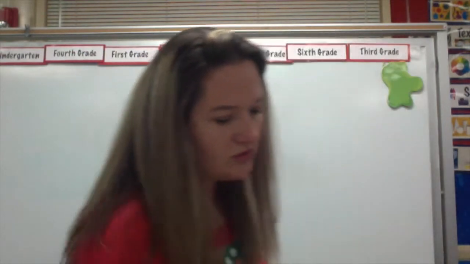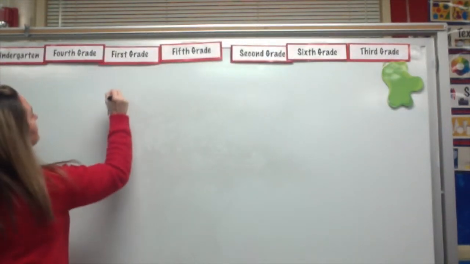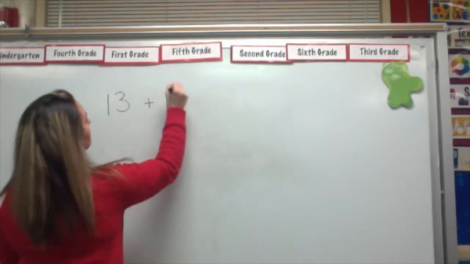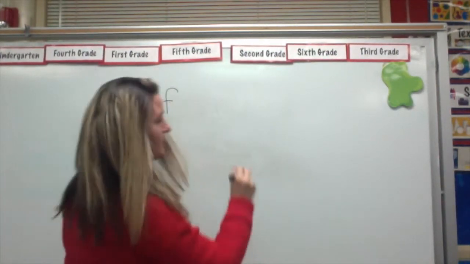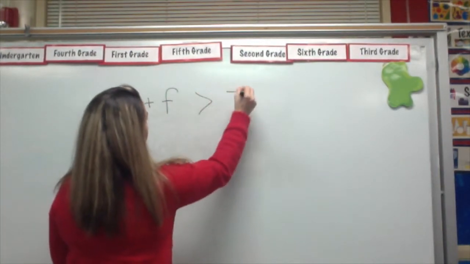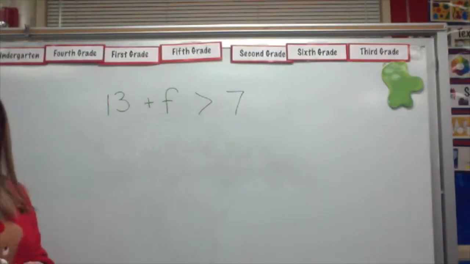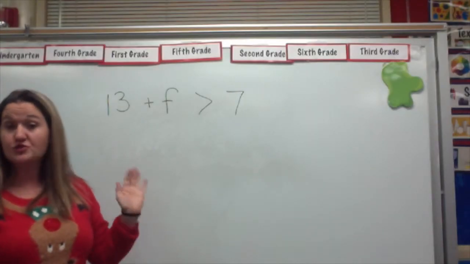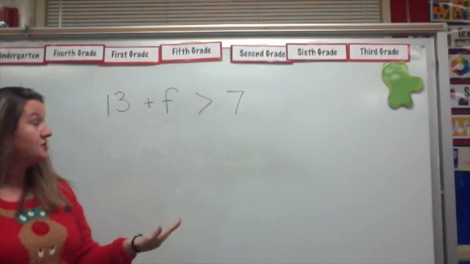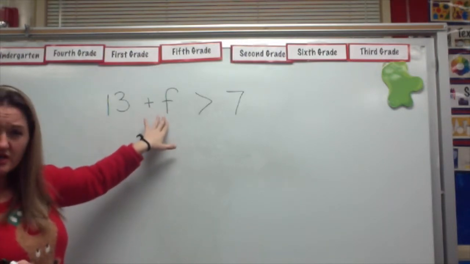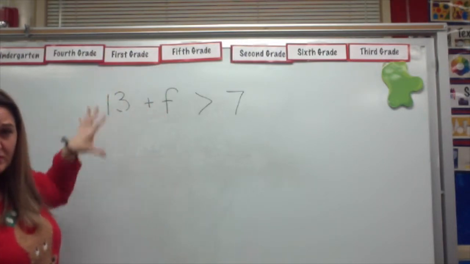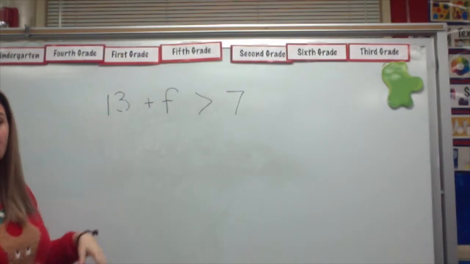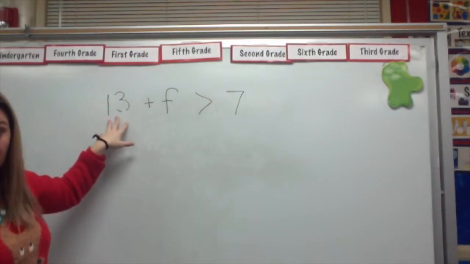Let's do 13 plus f is greater than 7. Again, just treat it like a regular one-step equation. 13 plus f, I want to get f all by itself. I've got to get rid of the 13. It's a positive 13, so what's the opposite of adding 13 to f?